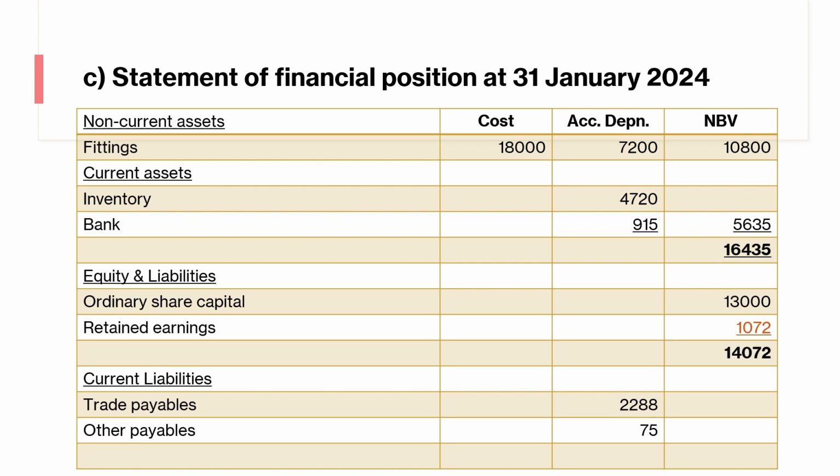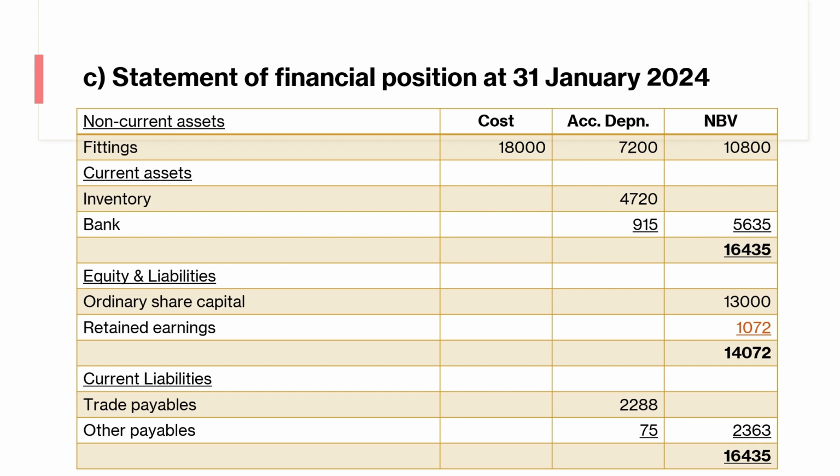Current liabilities, you have a total of 2,363, and when you add equity to liabilities, you will get total equity and liabilities of 16,435. As you can see, assets equal capital plus liabilities. So the accounting equation balances over here.